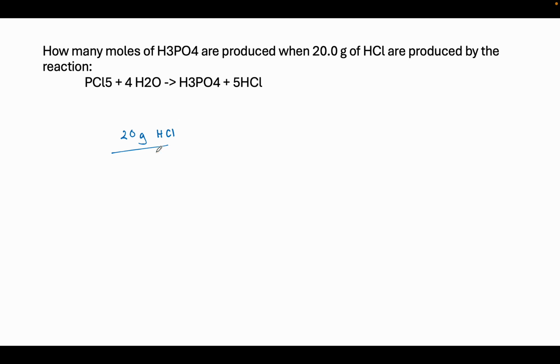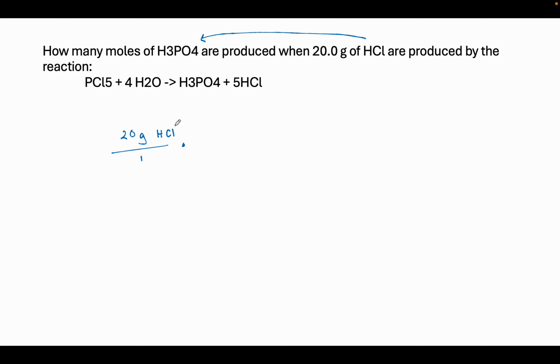Now we got to do HCl to H3PO4. In this case, for every gram, we got to go to mole first before we do our little ratio.